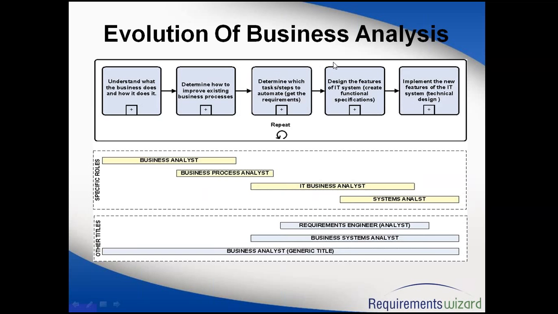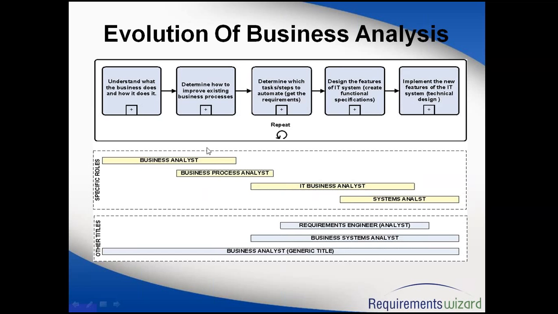So once you do this, now you take a look at the system level. You design the features of the IT system which will be supporting the processes, and implement the new features of the IT system. So that's an end-to-end spectrum we have.